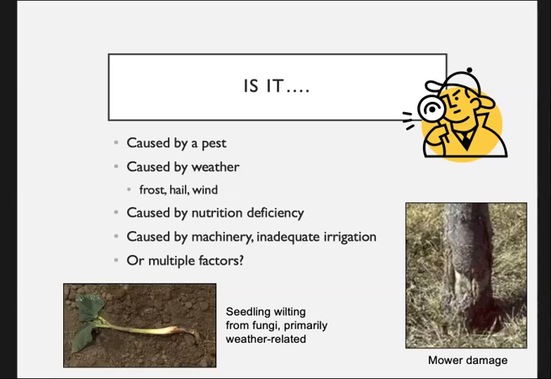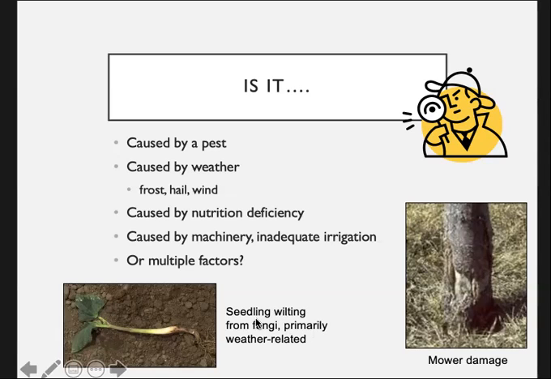It's a good place to start, but I also know that there are some symptoms that might be the result of other things going on, not just the pest, but could be related to the climate or nutrient levels or machinery, inadequate irrigation, or multiple factors kind of working together to create a particular symptom.